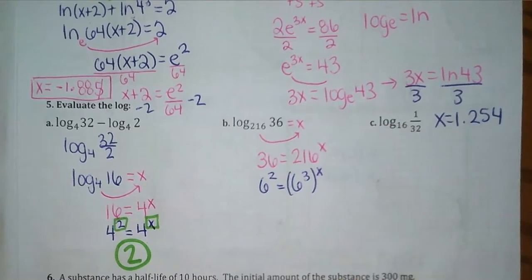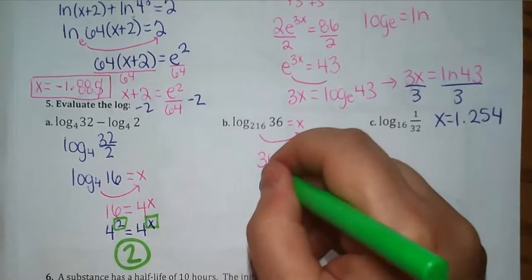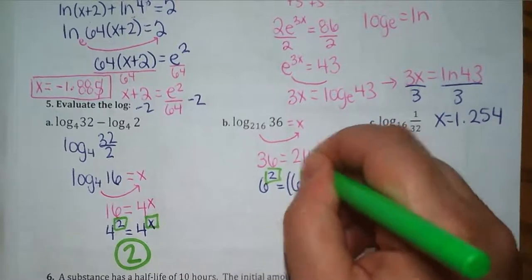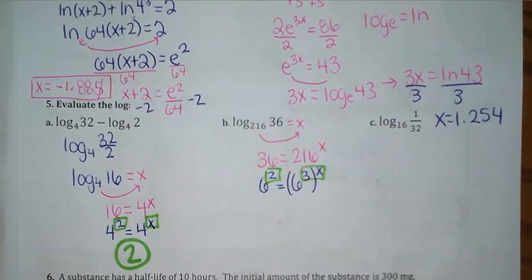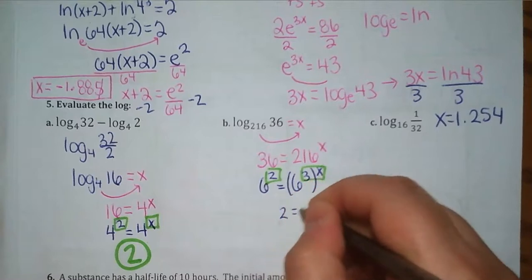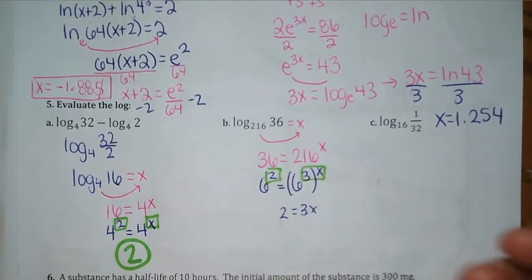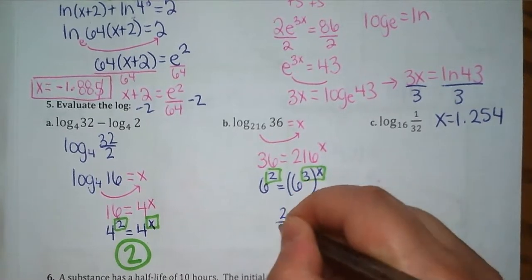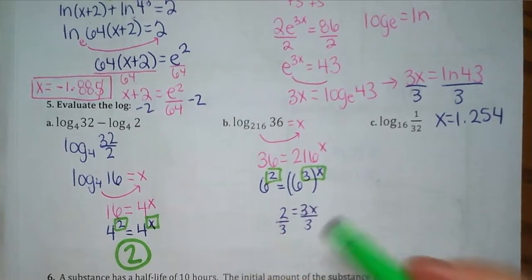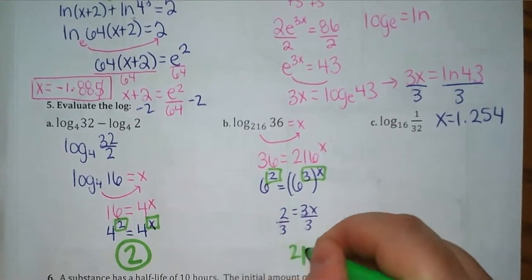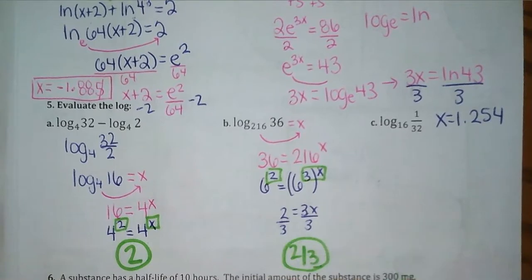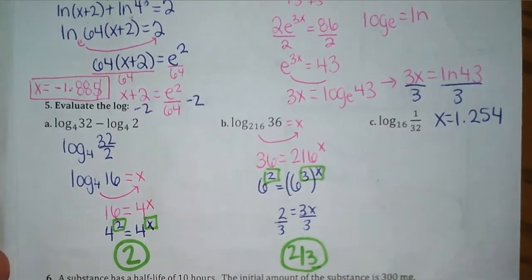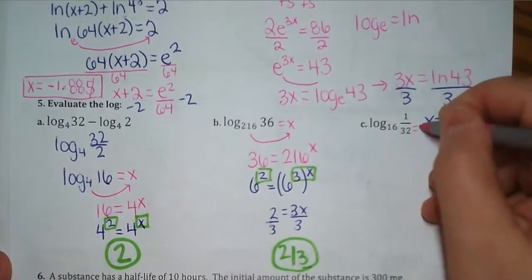And so to the x, after that, if I match the bases, then the exponents have to be equal. So what I would do there is 2 equals 3x. Just solve this little equation, and your answer is going to be 2/3 there.